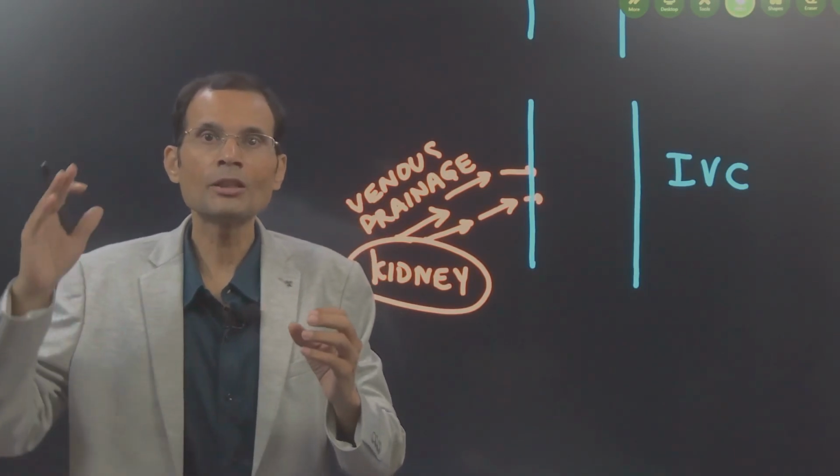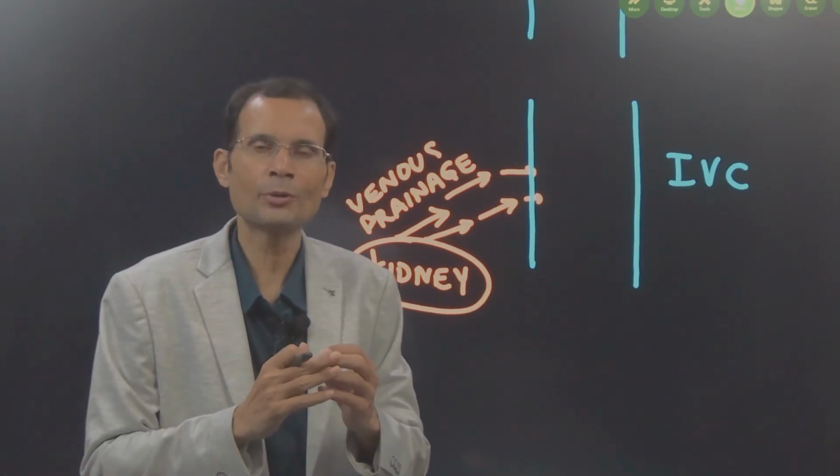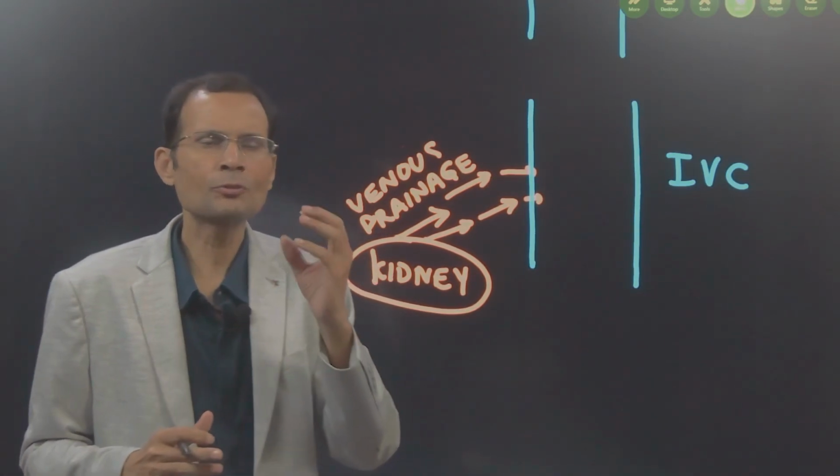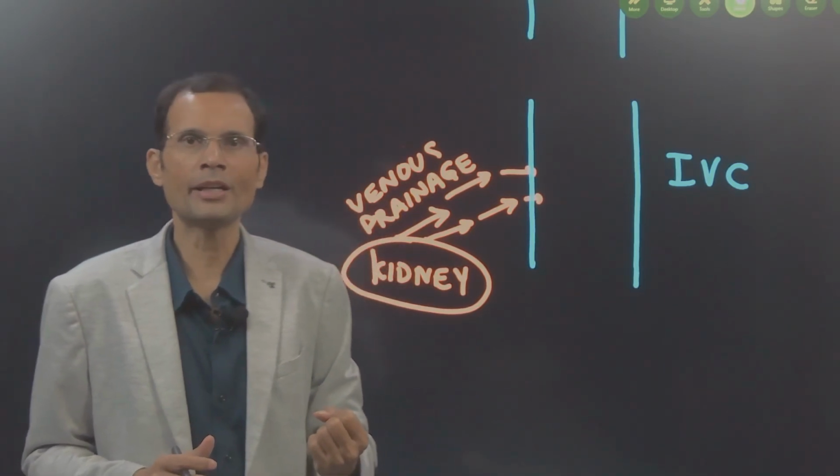Small organ with massive blood supply means what? Massive oxygen delivery into the kidneys. And being a small organ, it extracts relatively less from it.